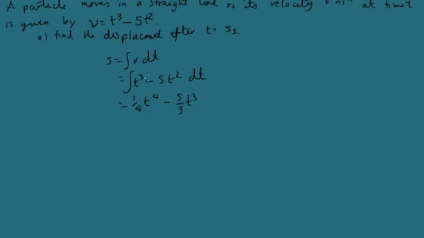Now we want it after 5 seconds, so we're going to integrate it between 5 and 0 seconds. So slotting the 5 into t, we'll get minus 52.1 meters.